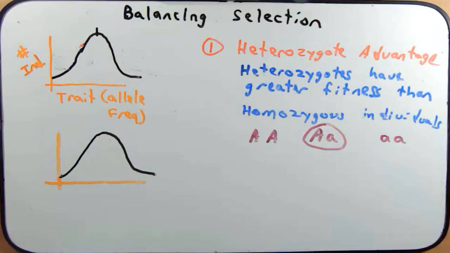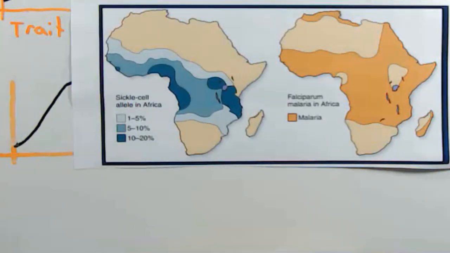So let's talk about an example of heterozygote advantage. A classic example of heterozygous advantage is looking at the diseases of sickle cell anemia and malaria. Sickle cell anemia is a disease of the red blood cells. Instead of forming a nice circular cell, a nice flexible cell, it forms this rigid sickle-shaped red blood cell that doesn't transport oxygen very well and can get clogged up in our blood vessels and can lead to death.